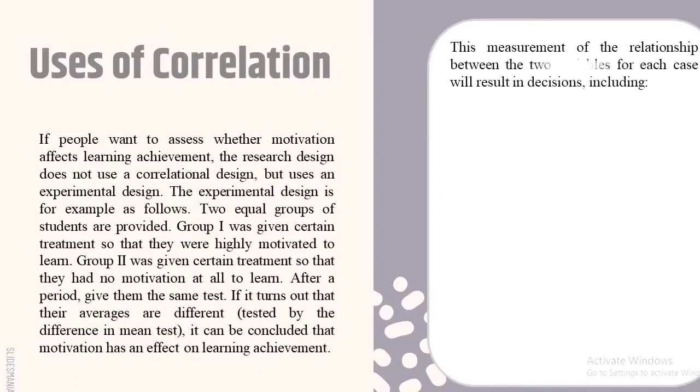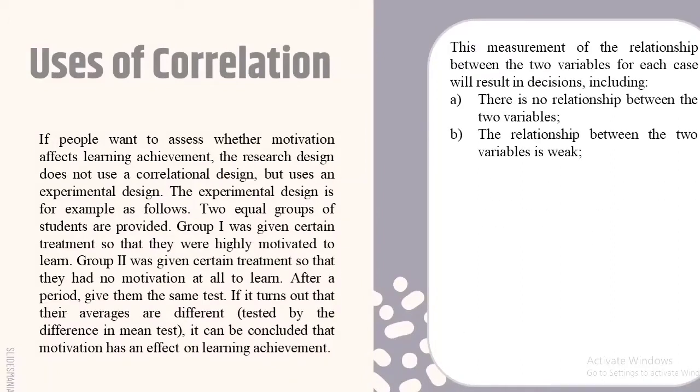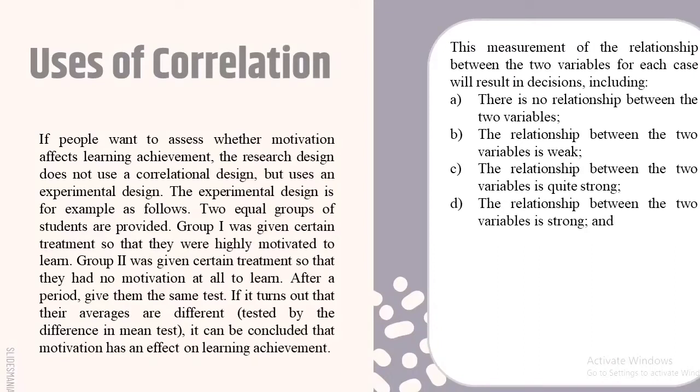This measurement of the relationship between the two variables for each case will result in decisions including: A. There is no relationship between the two variables. B. The relationship between the two variables is weak. C. The relationship between the two variables is quite strong. D. The relationship between the two variables is strong.